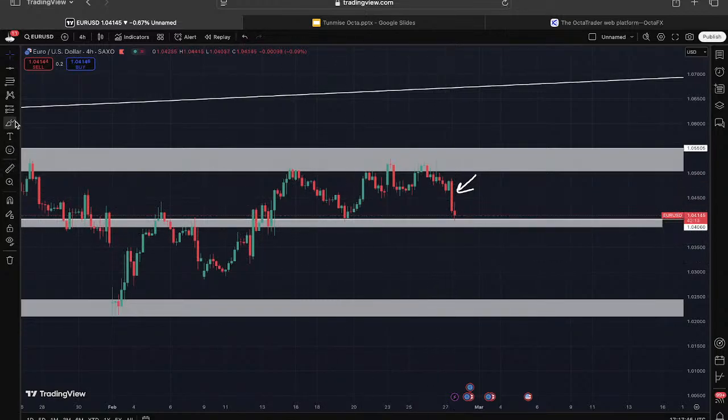And if this pressure holds, definitely a breakout from this level is inevitable.